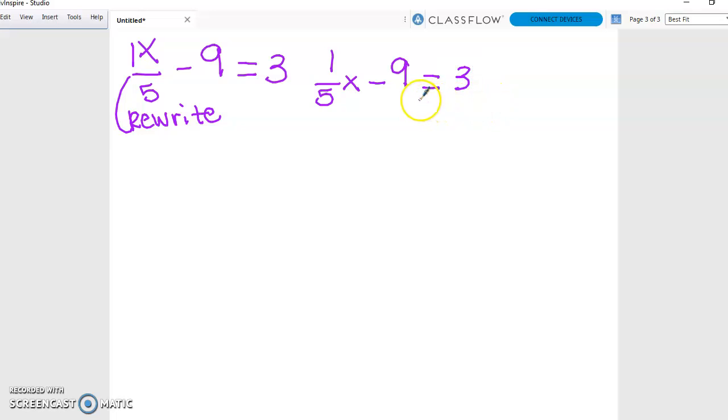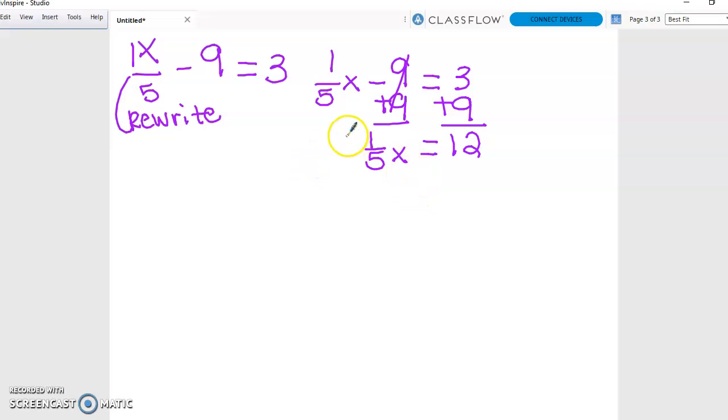All right, so now we're going to start this problem the same way we would start any other problem. Since we have a negative 9 here, we're going to add 9 to both sides. Okay, so when we do that, these 9's cancel, and now we have 3 plus 9, which is 12, equals, and I'm going to bring down what I had left on this side. All right, so now we have 1 over 5x equals 12.